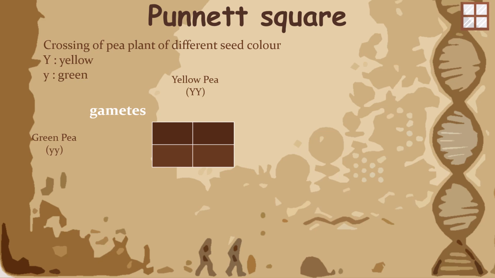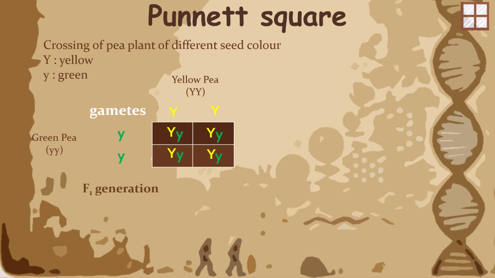The purebred yellow pea will contribute 100% dominant Y alleles, while the green pea will contribute 100% recessive alleles. All of the F1 generation will inherit 1 dominant Y allele from the yellow pea parent, and the other allele inherited will be the recessive y allele.